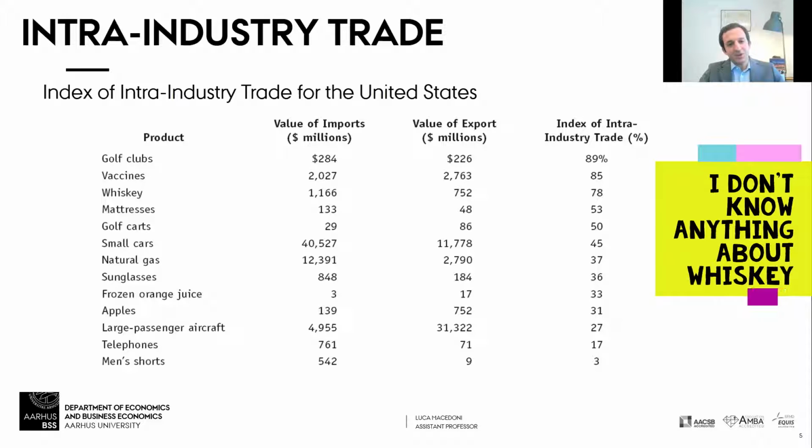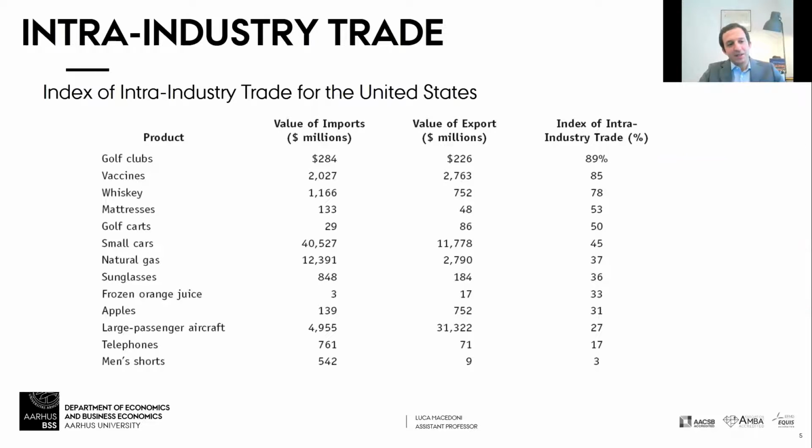So basically what is happening here is that there are some goods in which there is a lot of intra-industry trade because there is a lot of product variety within that sector. In other words, a vaccine is not a homogeneous good like the goods that we implicitly consider in the Ricardian and Heckscher-Ohlin model. Vaccines are a differentiated good for which there are a lot of varieties.